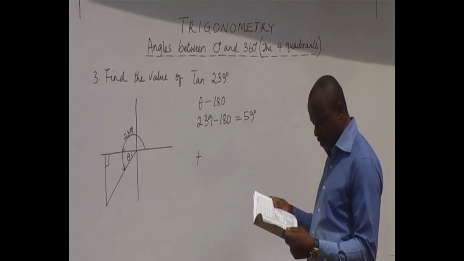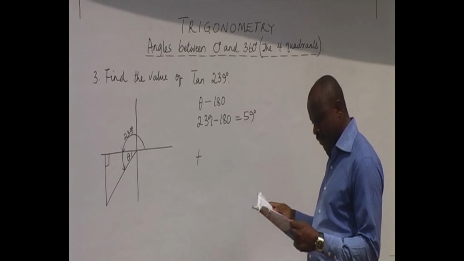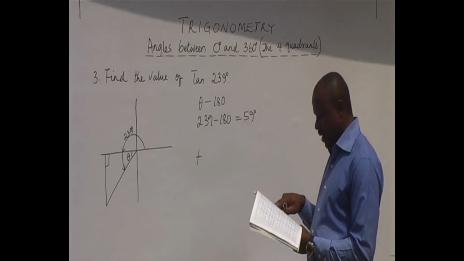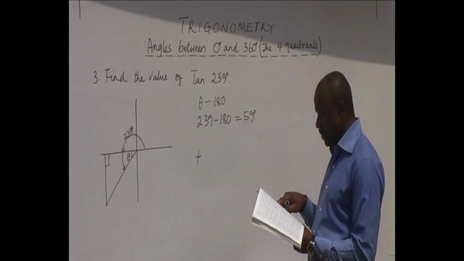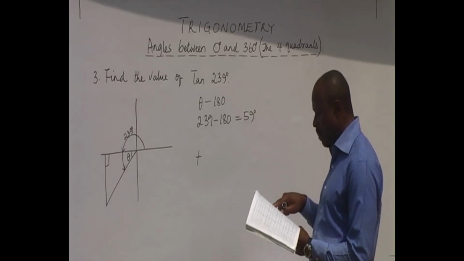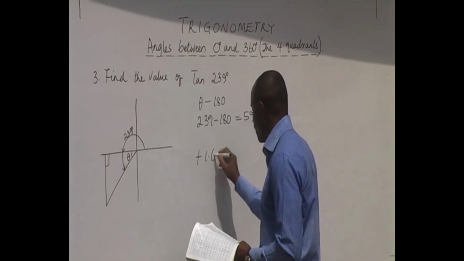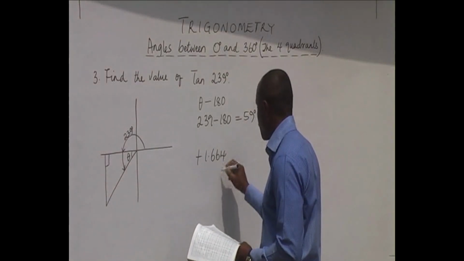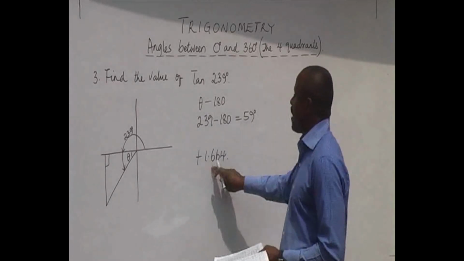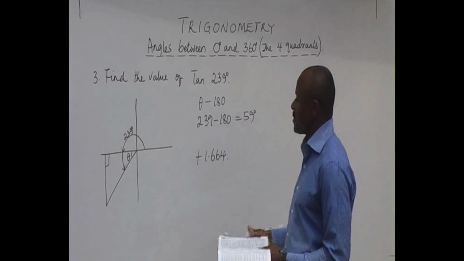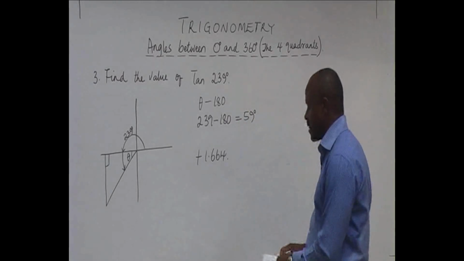Page 24/25. Look for 59 under 0. 59 under 0 is giving me 1.664. So we're going to have plus 1.664. So this is the value of tan 239 degrees from your four-figure table.